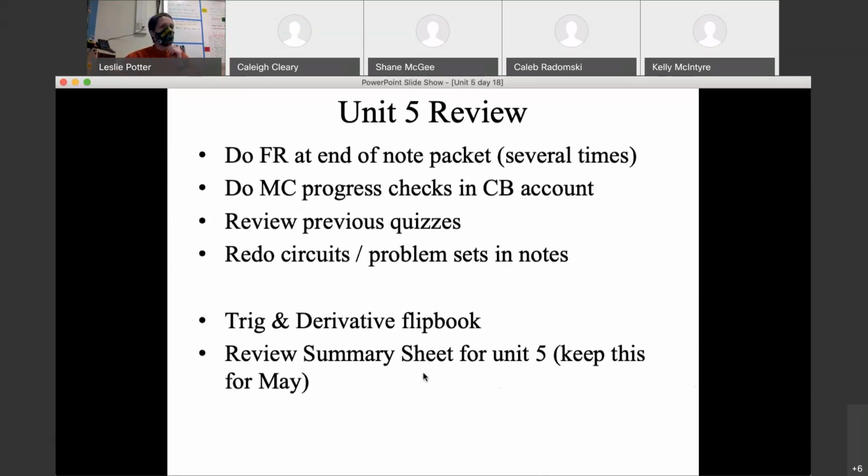I don't care if you use it. We're assuming that we're not going to be able to use those things come May, but those are just super awesome study guides anyway for exam prep. So I want you to make one and I want you to use it for me. I just think it's valuable to have as we go into our AP review. Dig out your flip books if you haven't used those in a while. Those might be handy.